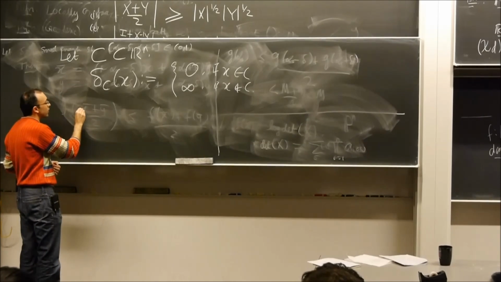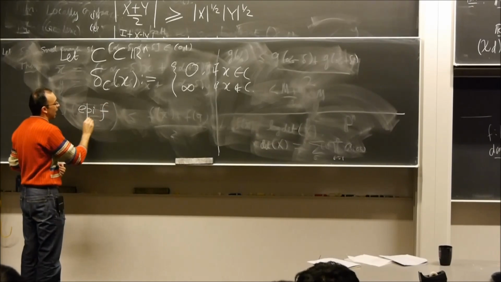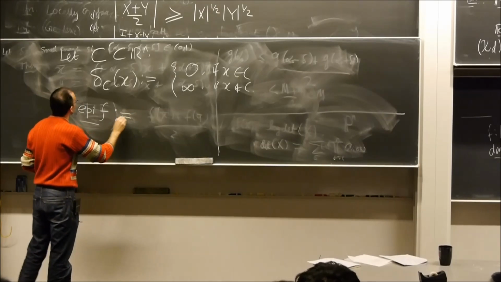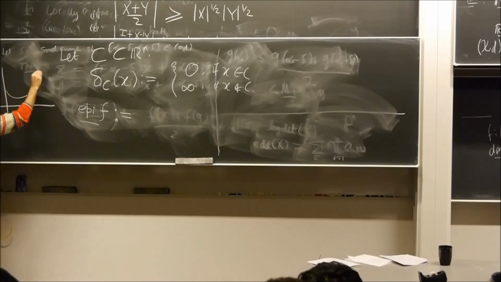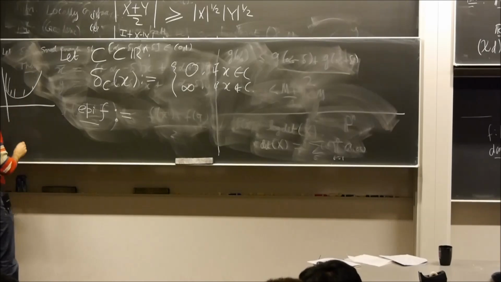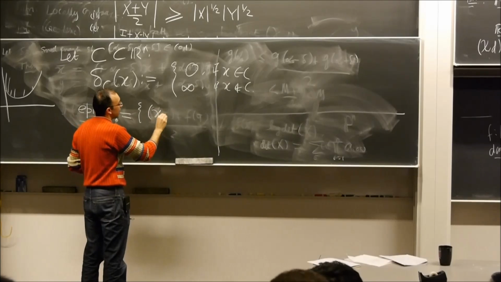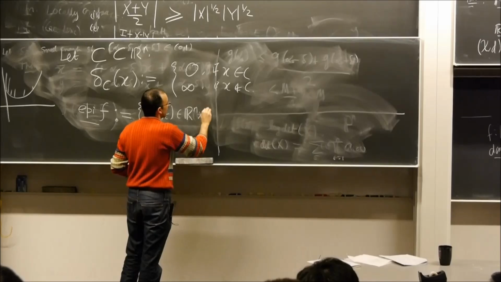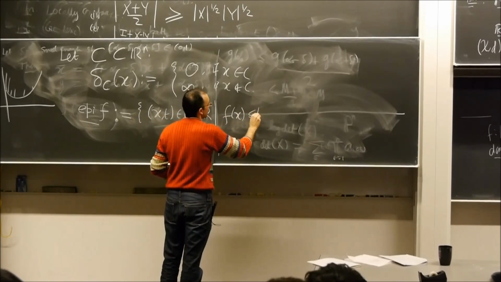When I say closed convex function, I mean the following. Associated to any convex function f, we can write its epigraph. In less fancy words, if this is f, the space above the graph is the epigraph, which is the set of (x, t) belonging to R^n cross R, such that f of x is less than or equal to t.